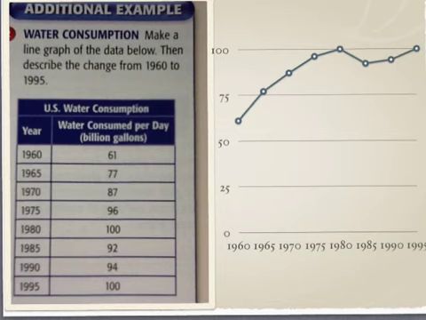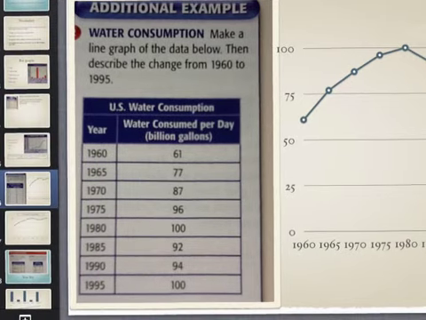Okay, so we have another example of a line graph here. So our data that we're looking at is water consumption. So in the year 1960, we consumed 61 billion gallons of water, and so on throughout the data. So what's really important when we're making these tables is 61 billion.